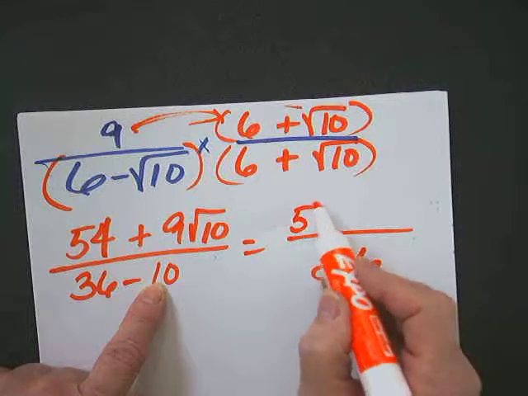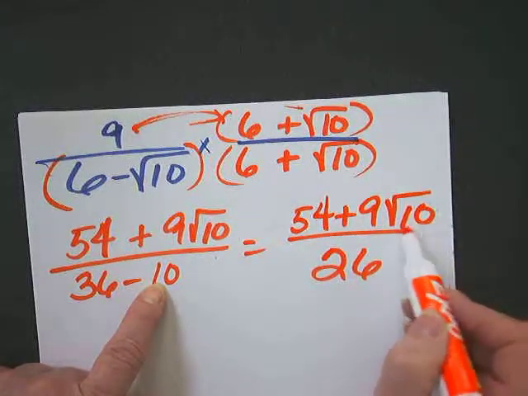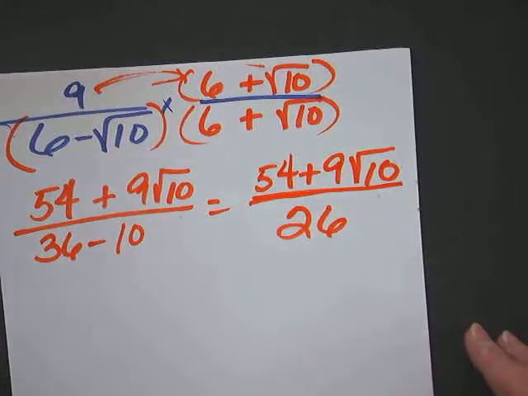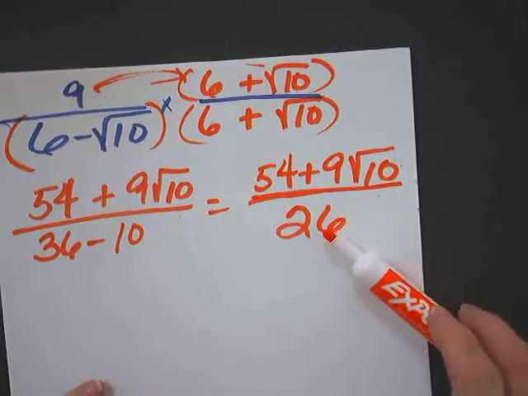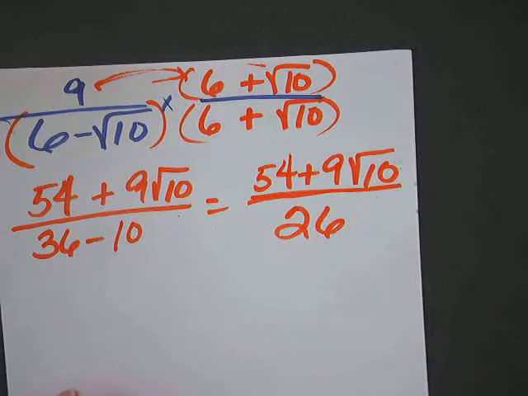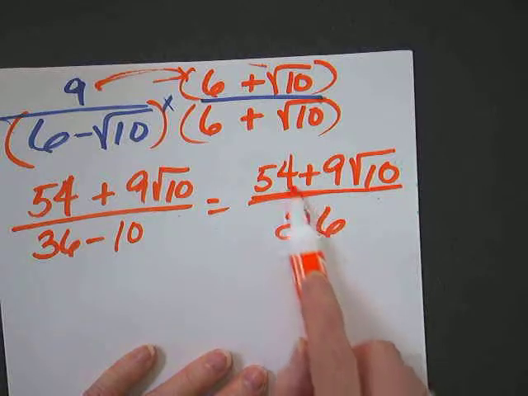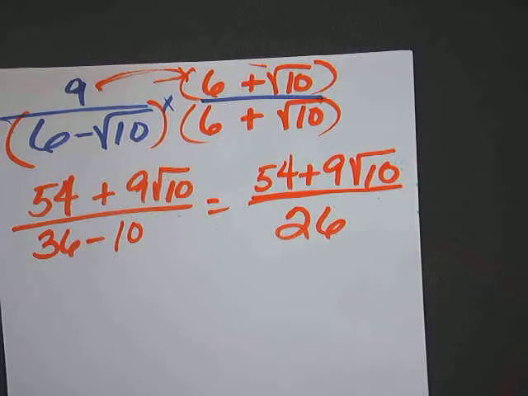We squared that minus squaring that is 10. Right. Now we actually have to distribute this. 9 times 6, 54, plus 9 times square root of 10. Okay, so this can turn into 36 minus 10 is 26.